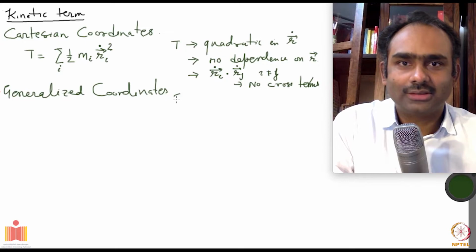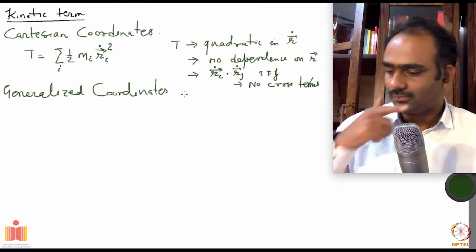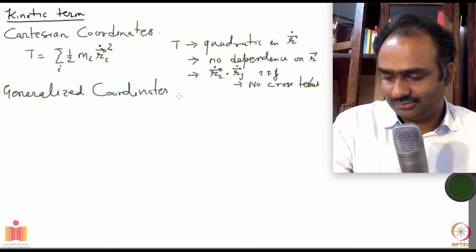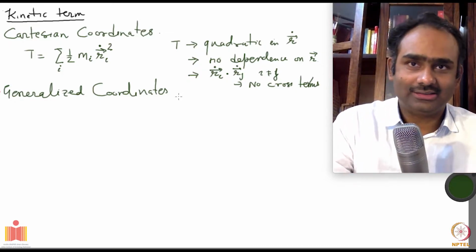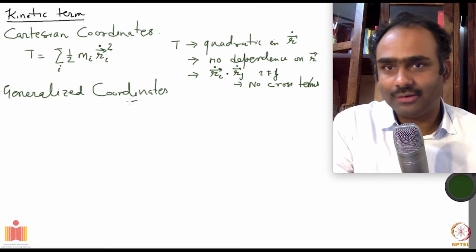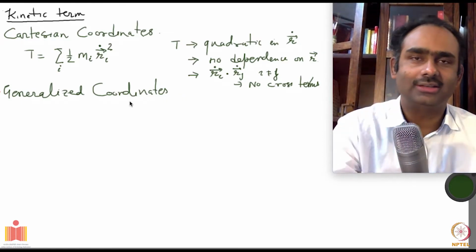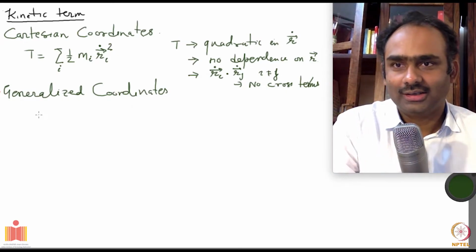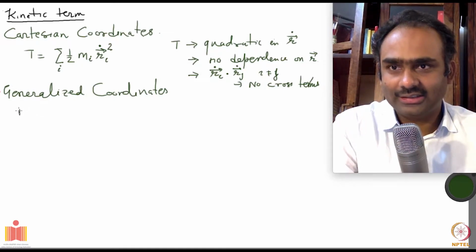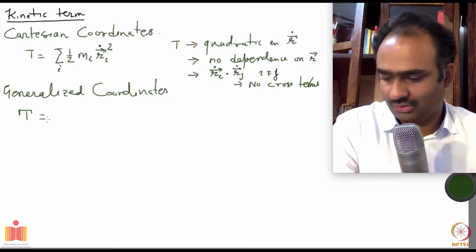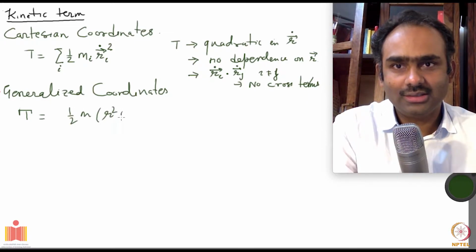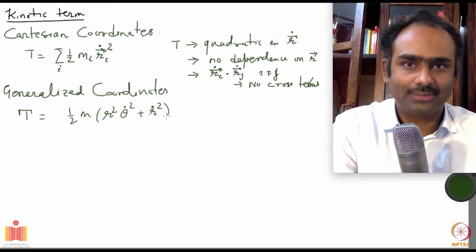Okay, let's look at the generalized coordinates now. We have already looked at T in at least a few contexts, and you remember when we were looking at a particle moving in two dimensions, the xy plane, using polar coordinates. At that time we wrote the kinetic energy of that particle in polar coordinates as half m (r squared theta dot squared plus r dot squared).